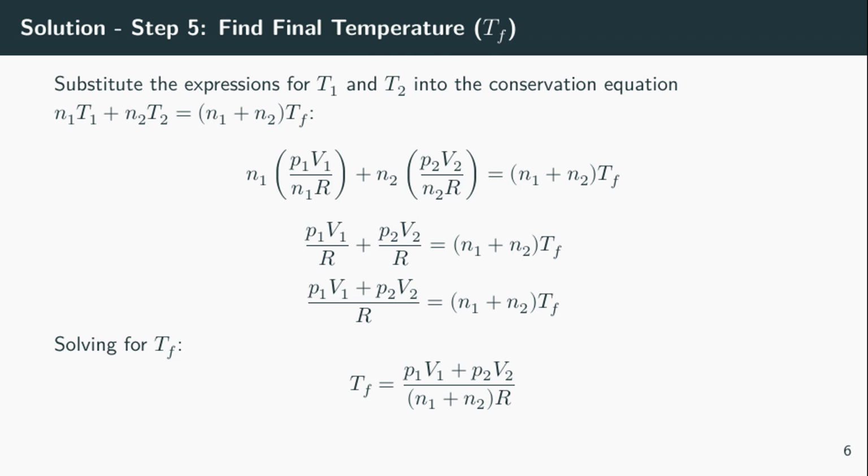We are left with P1V1 over R plus P2V2 over R equals the quantity N1 plus N2 times T final. We can factor out the 1 over R on the left side, giving us the quantity P1V1 plus P2V2, all divided by R, equals the quantity N1 plus N2 times T final. Now we can solve for T final. T final is equal to the quantity P1V1 plus P2V2, divided by the quantity N1 plus N2 times R. So we found an expression for the final temperature.